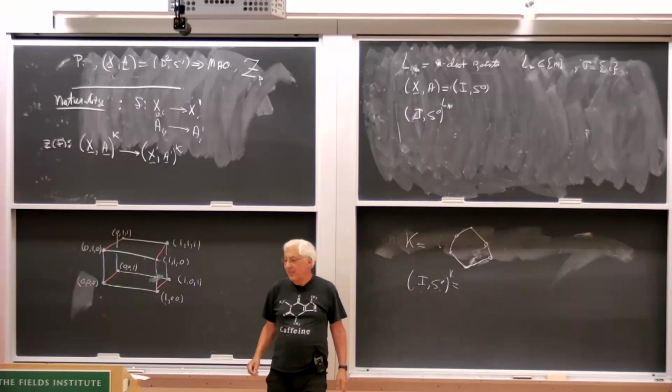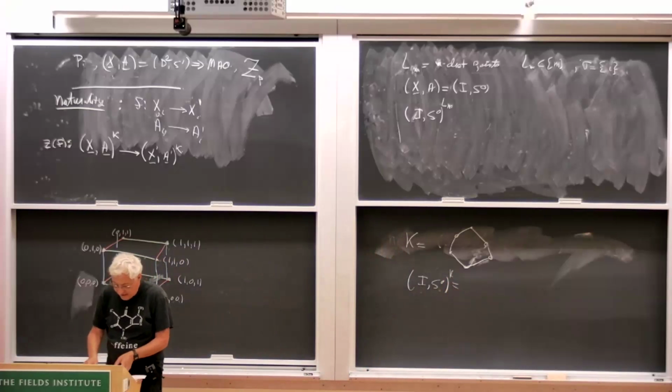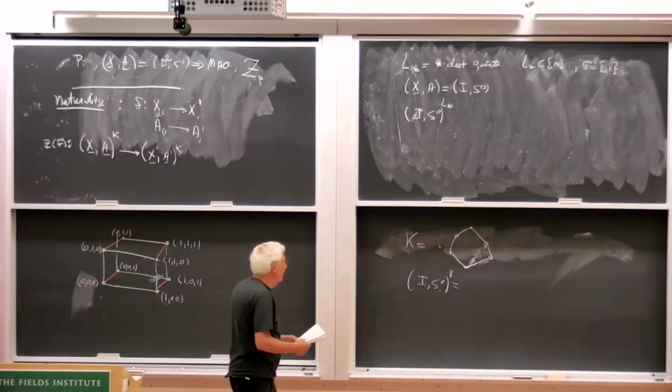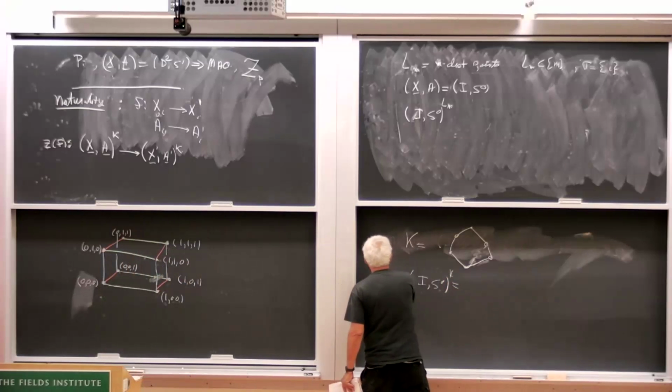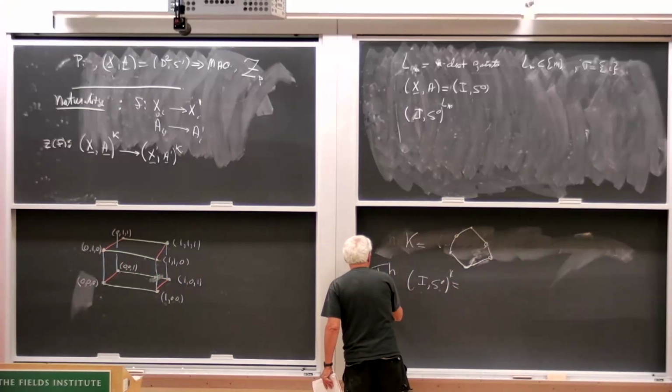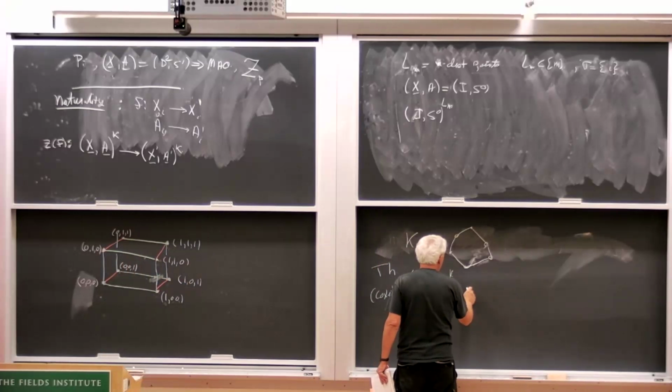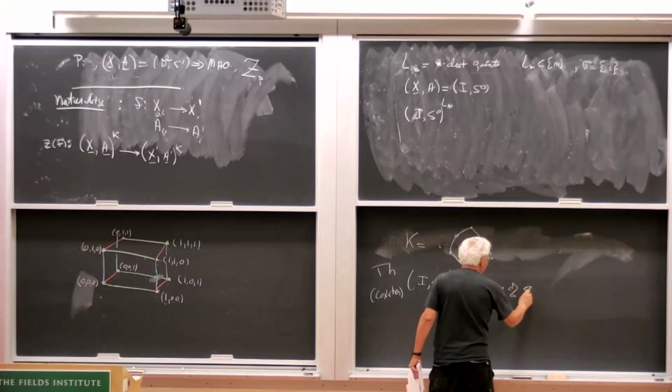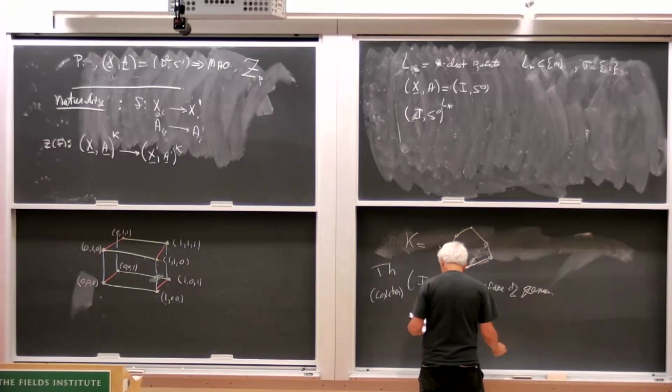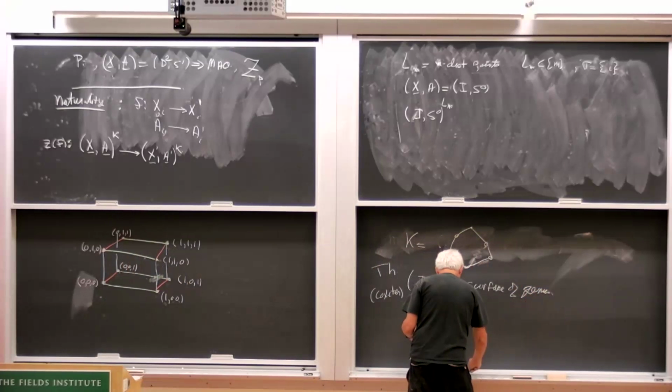It turns out by a theorem of Coxeter, well, it's easy to see, one always gets a surface. But this is a surface of genus, and let me try writing it out correctly.